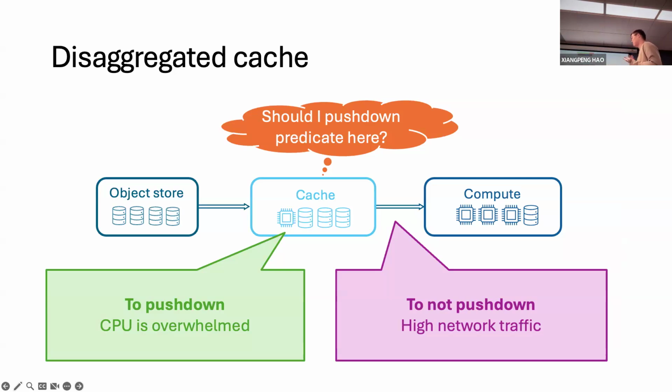By computation power, I mean, should we push down some of the predicates to the cache node? If we do it, we can sometimes easily overwhelm the cache node. And if we don't do it, we have very high network traffic, which is bad.